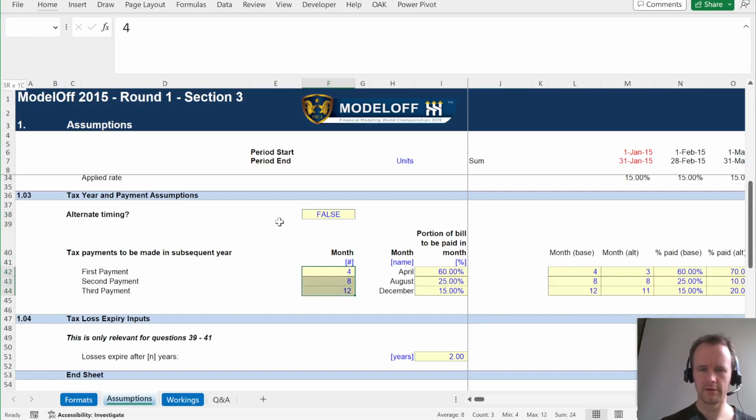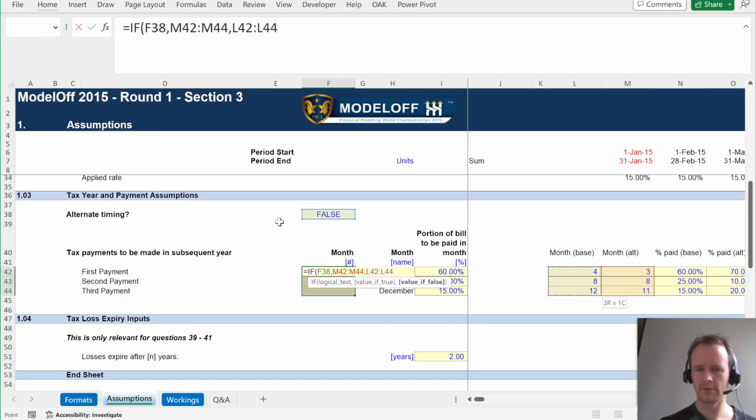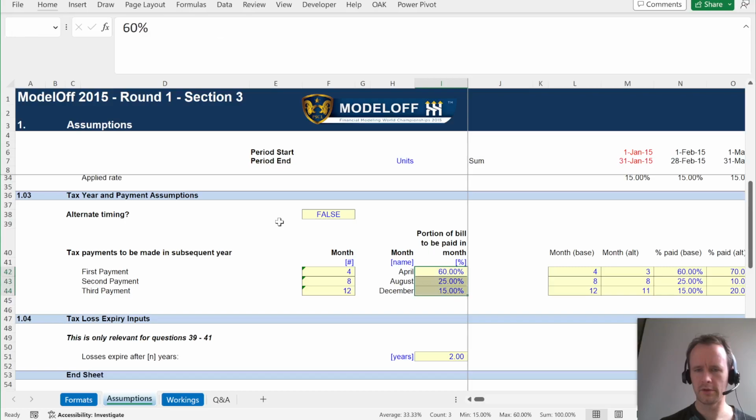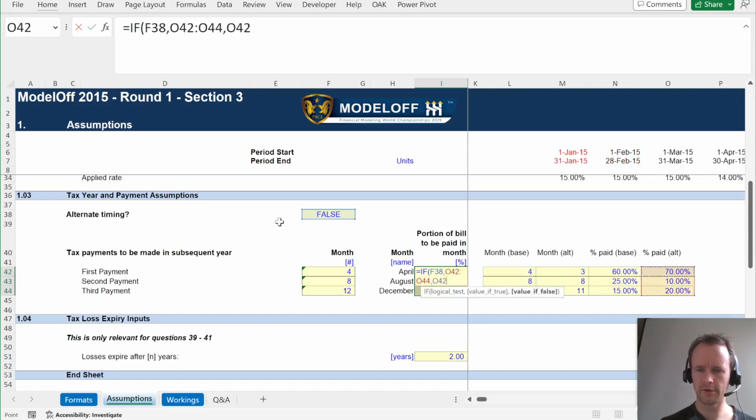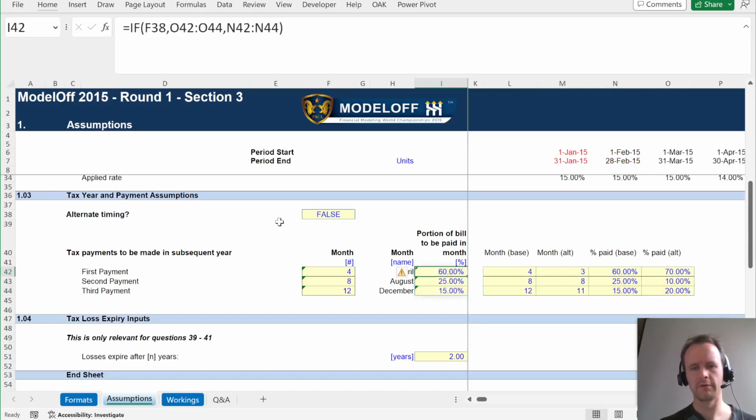And then here, delete that. We can say if this is true, then alternative, otherwise base. And here, same thing. If this is true, then we want alternative, otherwise base. And then I just switch that to true.